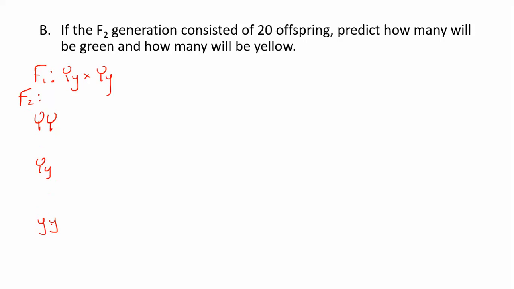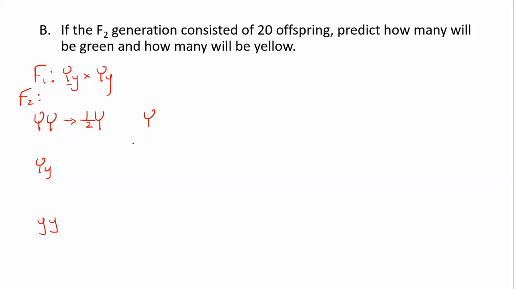So we can produce homozygous dominant, heterozygous, and homozygous recessive. If we are going to produce the homozygous dominant, there's only one way to do that. You got to get a dominant Y from one parent and a dominant Y from the other parent. What's the probability of getting a dominant Y from the first parent? Well, it's half.